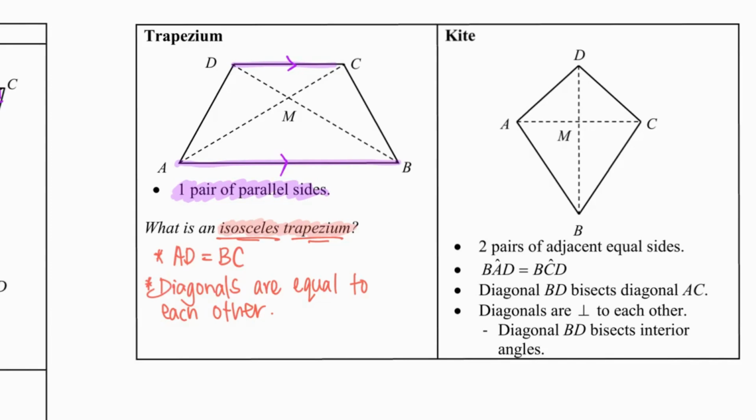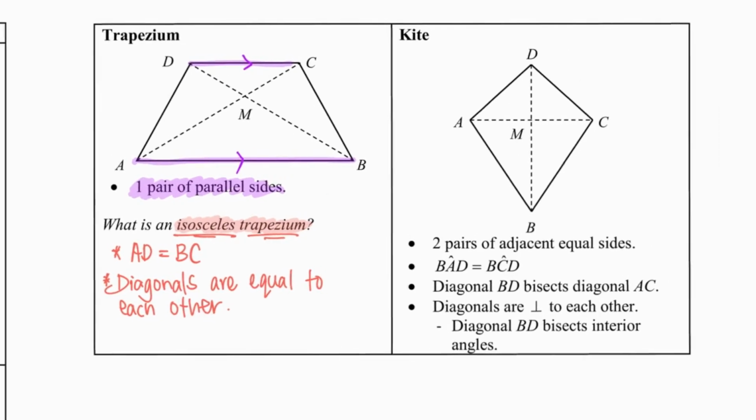Okay. And the last thing is for the kite. For the kite, there are two pairs of adjacent equal sides. Oh, this is important. That means AB is equal to BC.